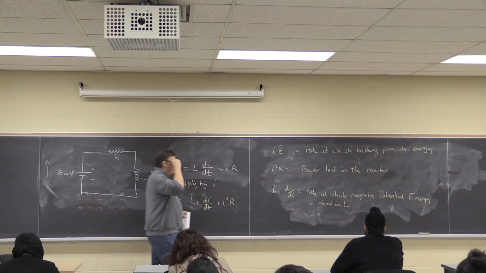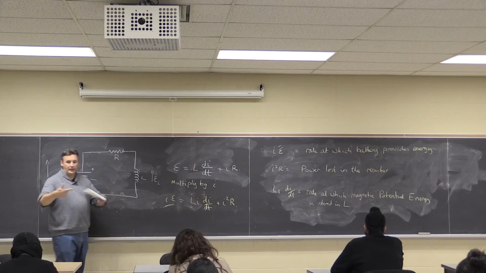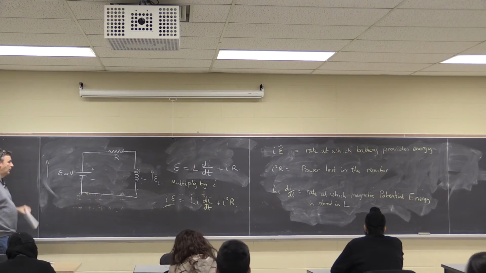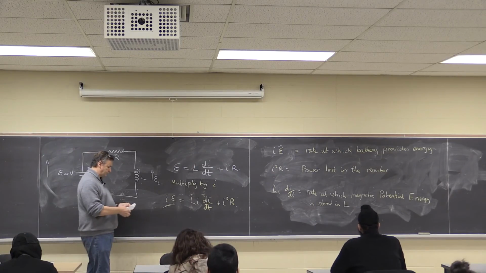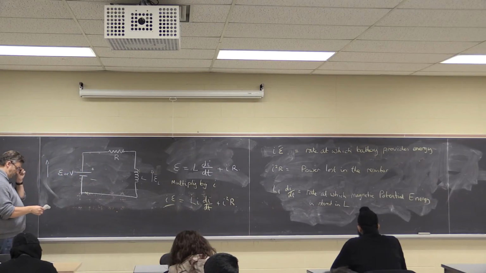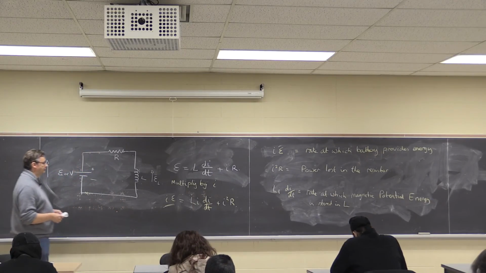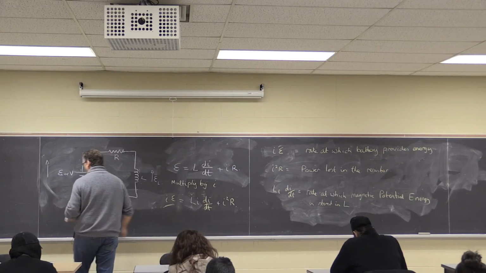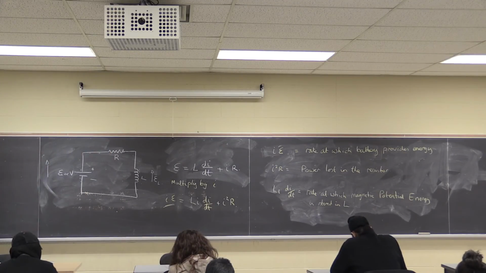I'll just use L for inductor. So it's the rate at which energy is stored in the inductor. Okay, so if I know that, it's the rate at which magnetic potential energy is stored in the inductor.